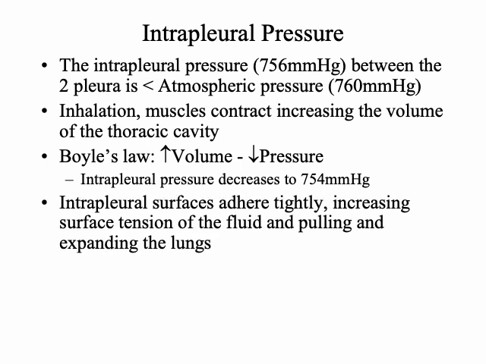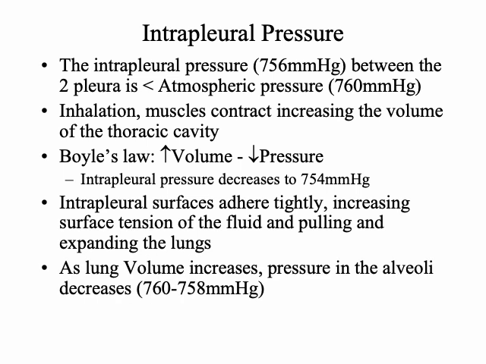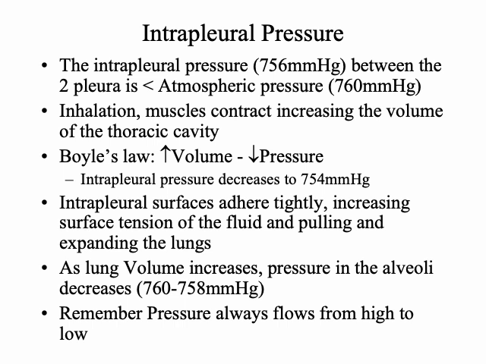And because that is all stuck together, we will see air flowing from the outside environment into the lungs. It will do that for as long as there is a gradient. Always. Air pressure moves air from high pressure to low pressure.